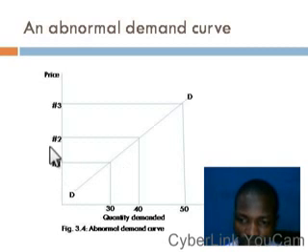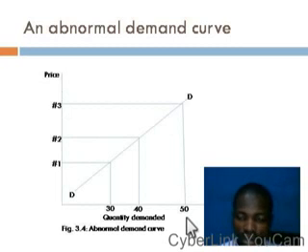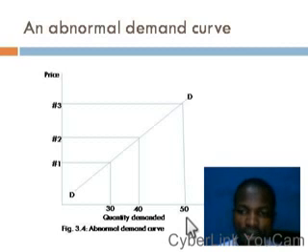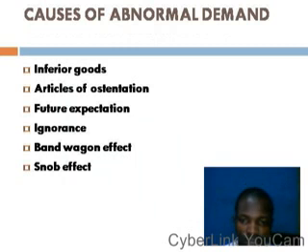When the price increased from 1 naira to 2 naira, quantity demanded also increased from 30 units to 40 units. When the price increased from 2 naira to 3 naira, the quantity demanded increased from 40 units to 50 units. This is a direct opposite of what we have under normal demand situation. So this is an abnormal demand. When price increases, the quantity demanded also increases and vice versa.